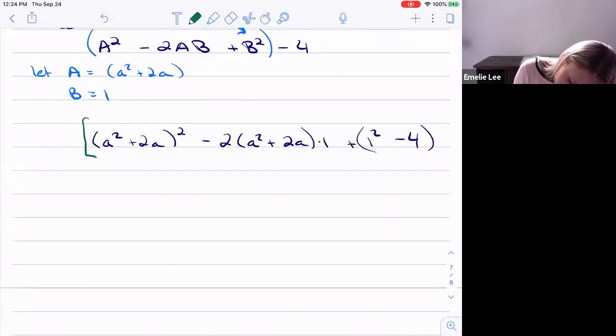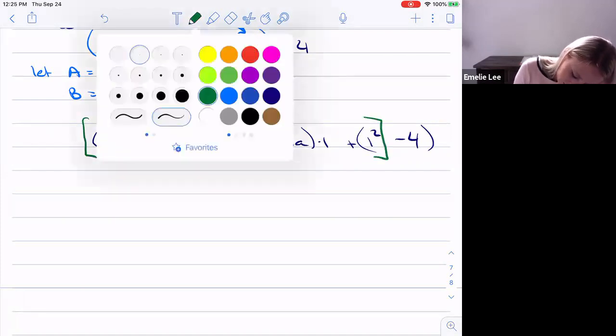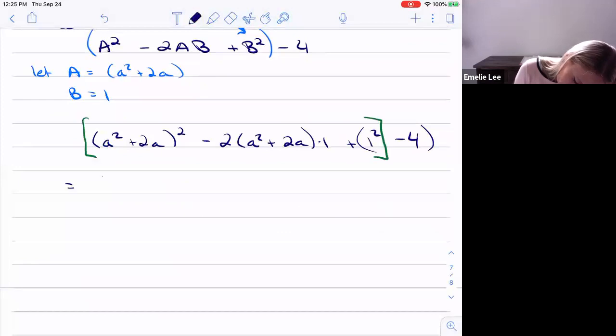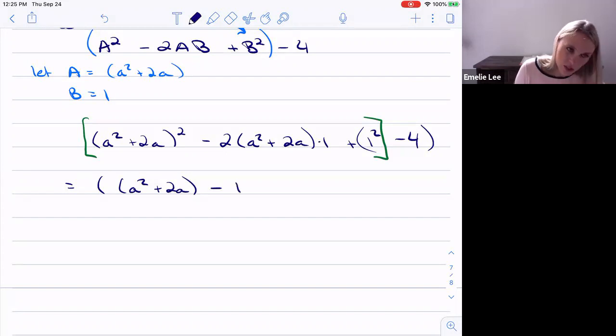So here this becomes a, which is a squared plus 2a, minus b, which is 1 squared, and then -4.